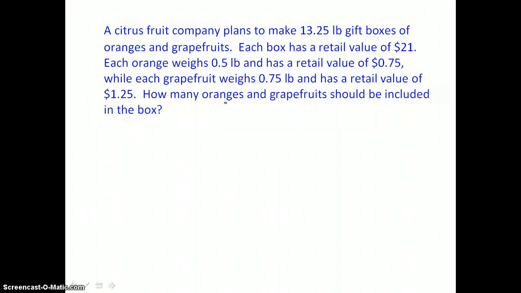So let's let x be our number of oranges, and let's let y equal our number of grapefruits. So the totals in our problem is the weight of the box, 13.25 pounds, and the cost of the box, which is $21. So to get the total weight, each orange weighs 1/2 pound, so we'll multiply 0.5 times the number of oranges, and we'll add that to 0.75, the weight of a grapefruit, times the number of grapefruits.